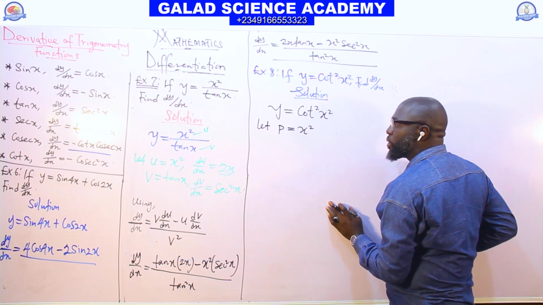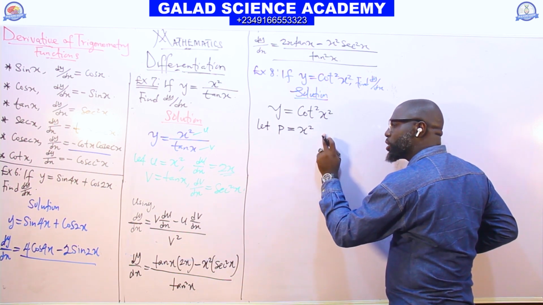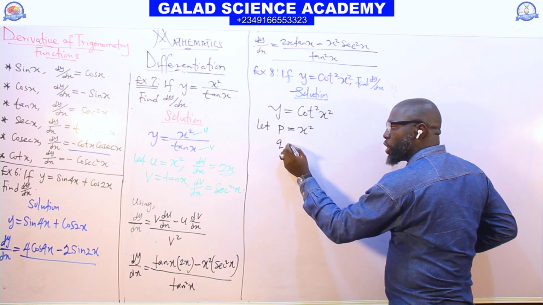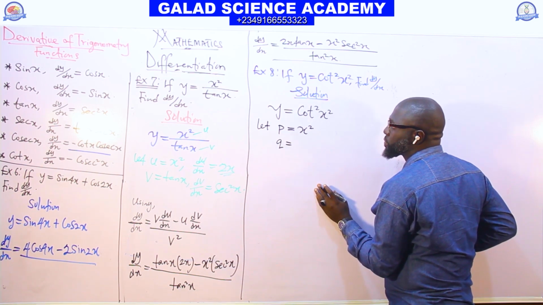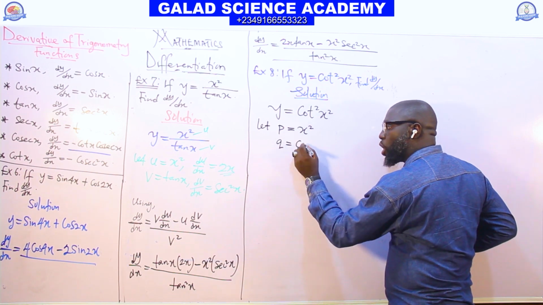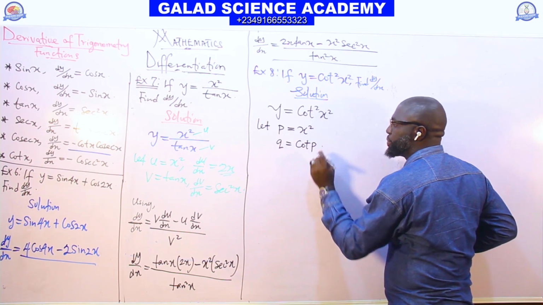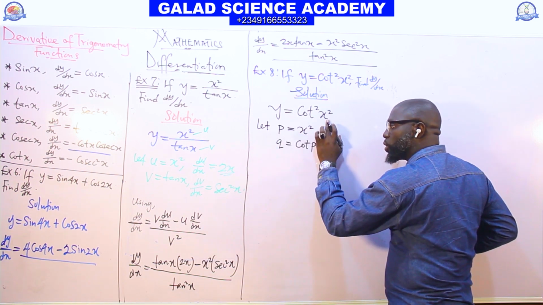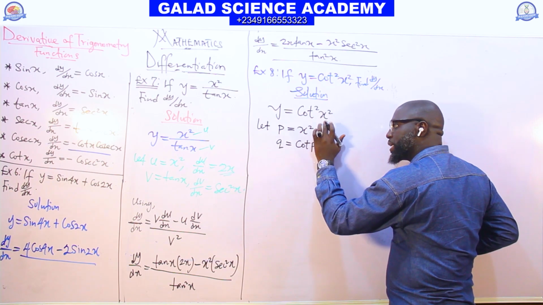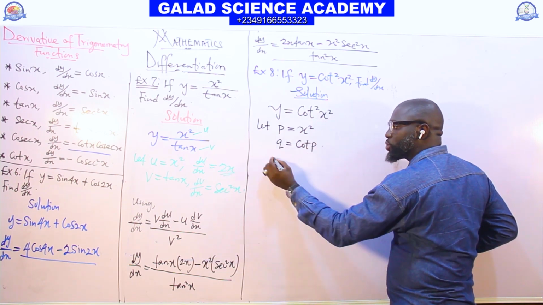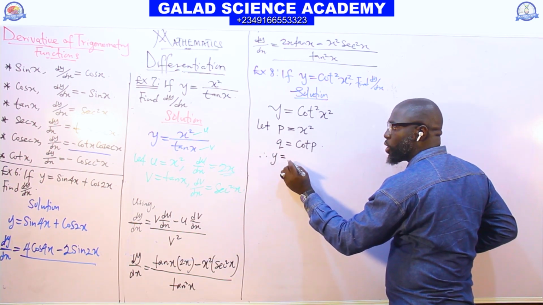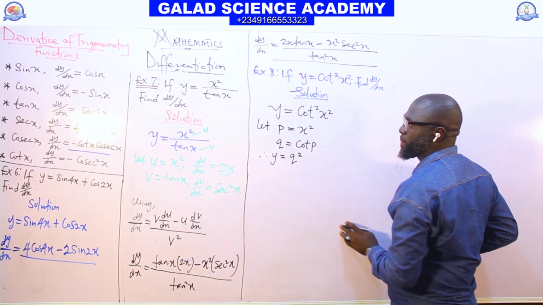And let Q equal to cot P. If P equal to x square, and cot P is equal to Q, therefore y is equal to Q square.